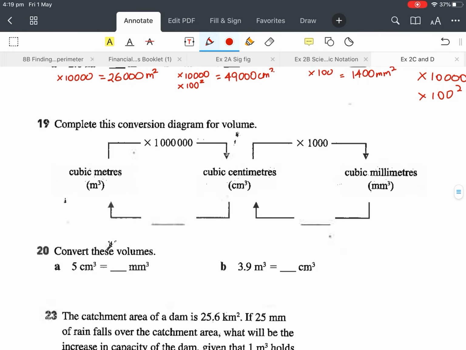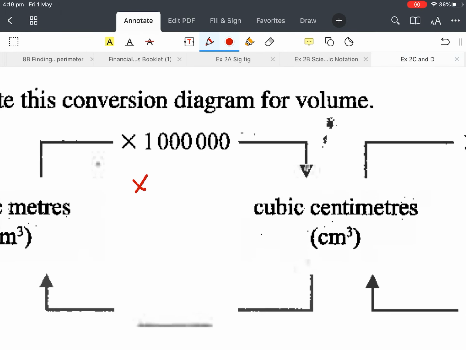Basic conversion for volume. All right, so volume is the same as what we just did for area. If you know the length change, for example, how many centimetres are in a metre, there are 100 centimetres in a metre, but because I'm cubing, I have to do 100 cubed. That's 100 times 100 times 100.